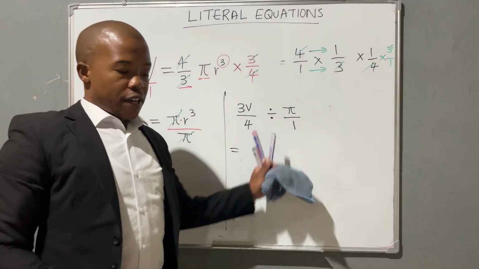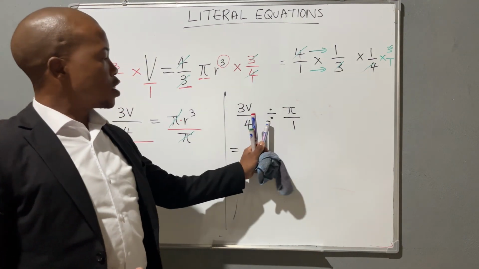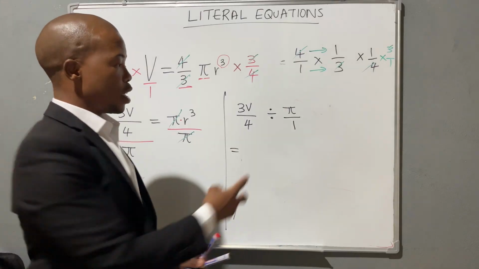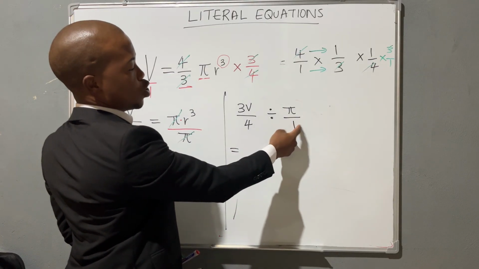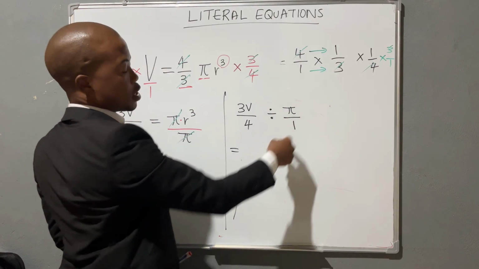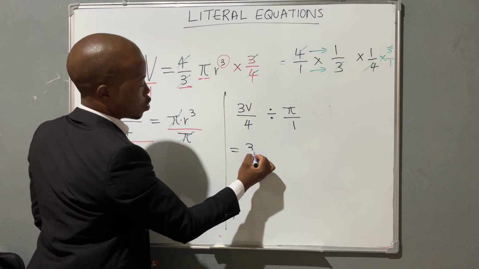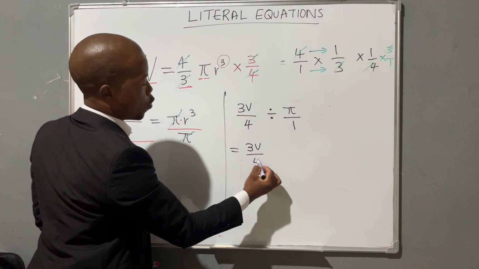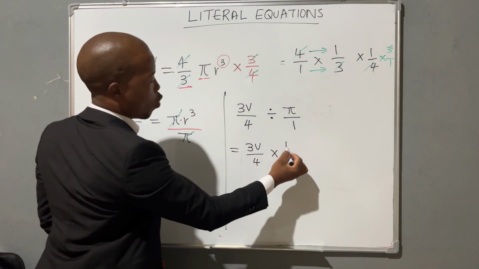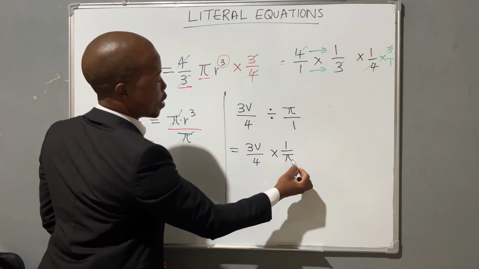When you are dividing fractions, you can change this division into multiplication and write the denominator as the numerator and the numerator as the denominator. In other words, this is equal to 3v over 4 multiplied by 1 over pi.